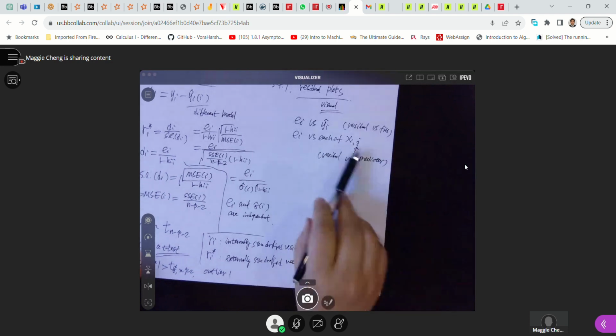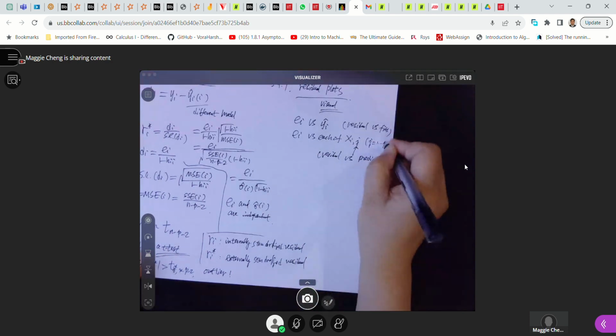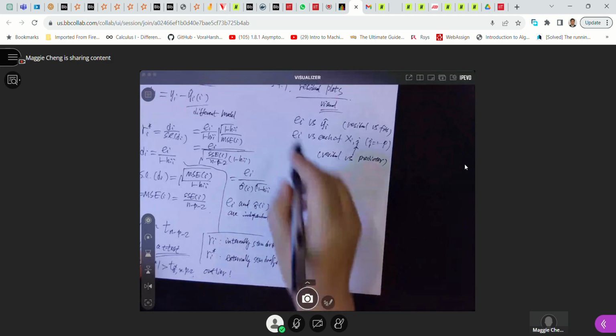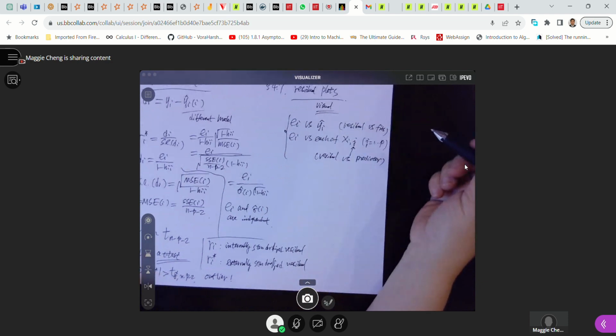In the case of simple linear regression, you will only have one predictor. If it's multiple linear regression, with j equal to 1 to p, you can plot e_i versus each of the predictors to visually inspect if something is wrong. These two should look very similar. They are either identical or mirror images.